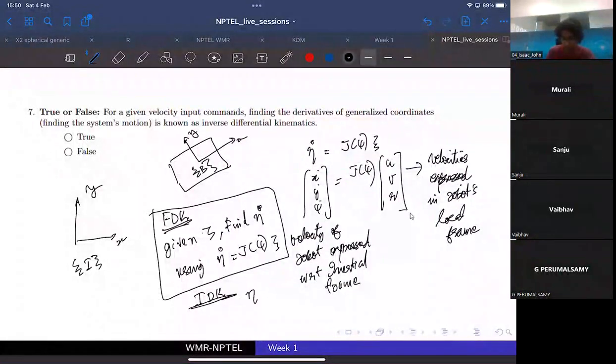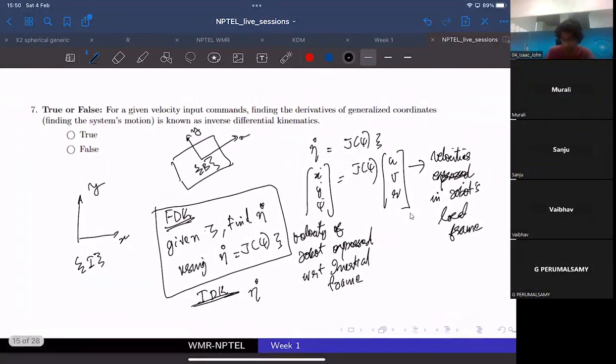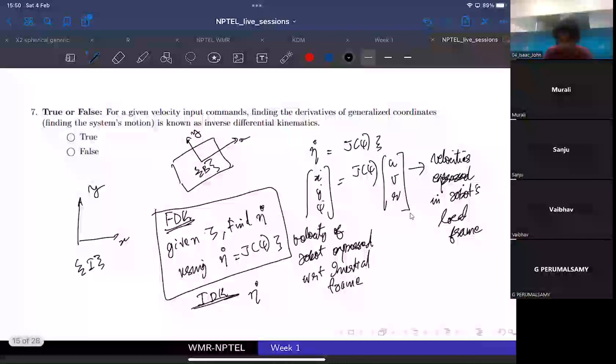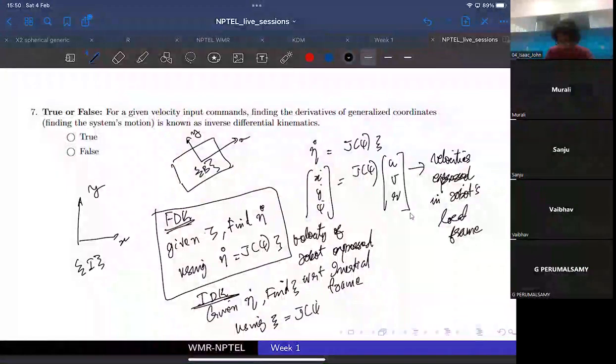You would be given desired velocities in terms of the inertial frame, and you find zeta, where zeta would be J of psi inverse times eta dot. This is inverse differential kinematics.